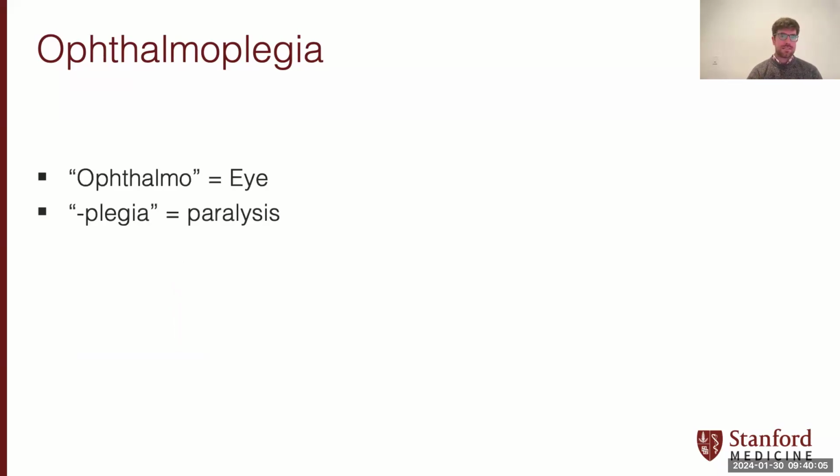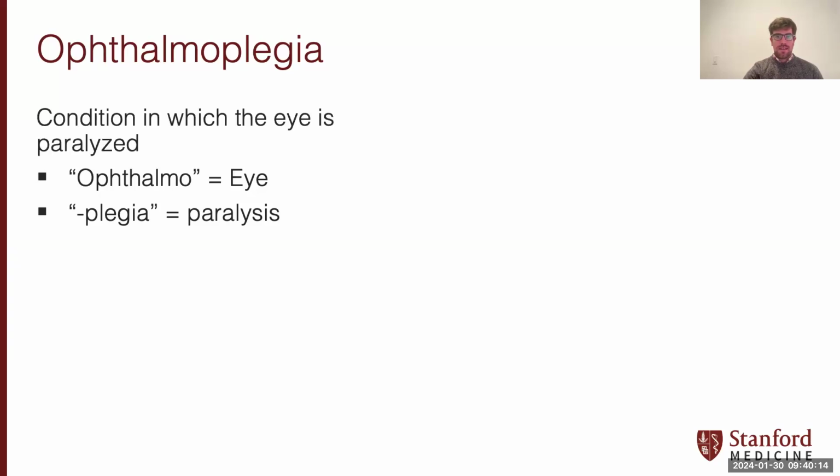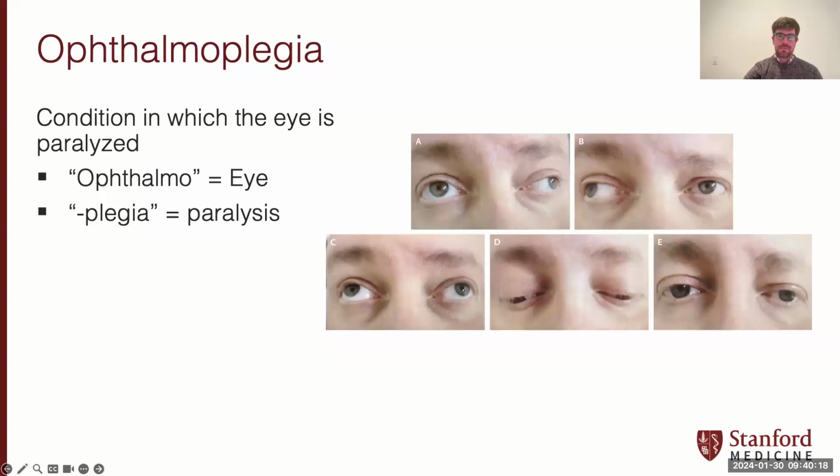Continuing from that last one, ophthalmo is eye. The P's always get confusing, but plegia in this case is paralysis. And so it's a condition where the eye is paralyzed. This is a good example of a patient trying to look right, and this right eye is paralyzed, and then trying to look left, and this left eye is paralyzed.